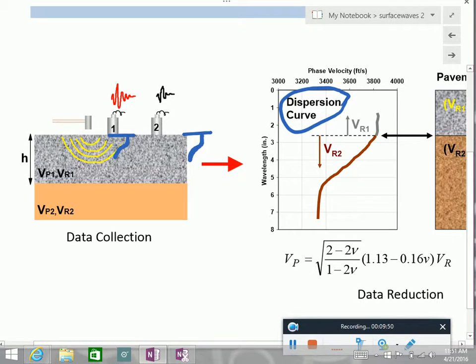Do you agree? Because it's only propagating within the first lambda of your medium, and this is concrete. You agree? So if I measure the velocity for this range of frequencies, the velocity that I'm going to get will be just the velocity of concrete.